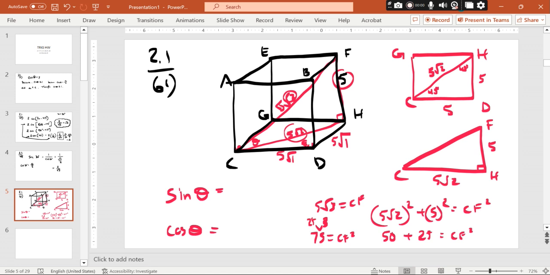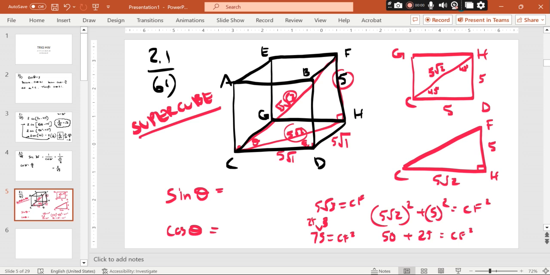So if I made this into a supercube in 4th dimensional space, the diagonal of a supercube would be 5 root 4. Are we good? I gotta check that out. Gotta do the supercube sometime. So supercube for next time.